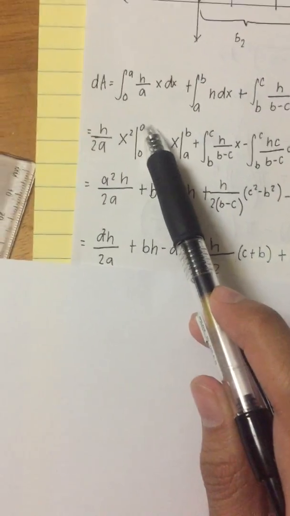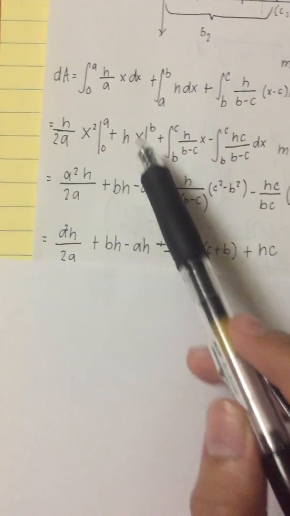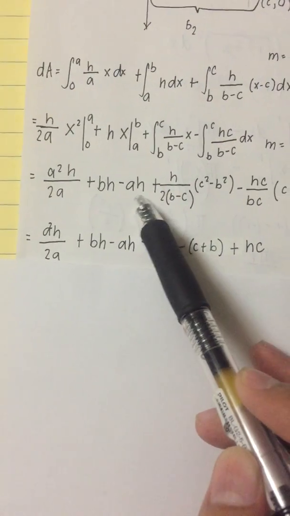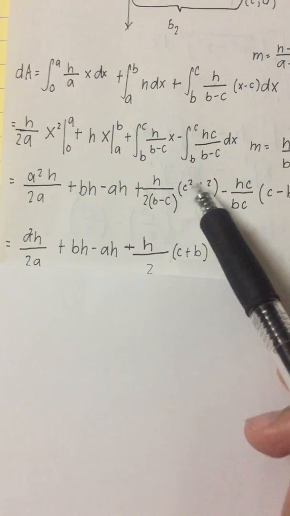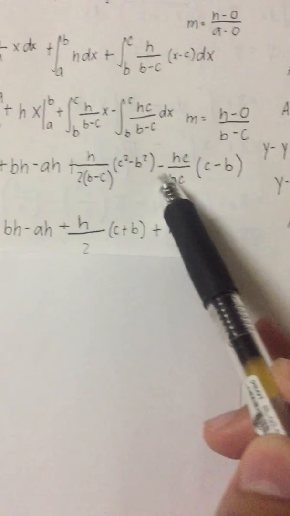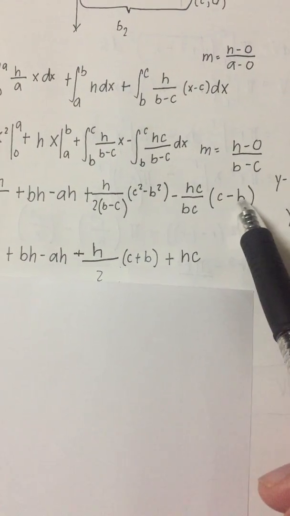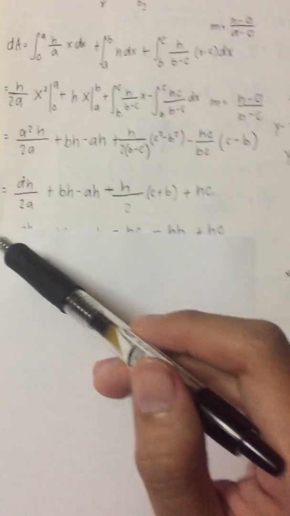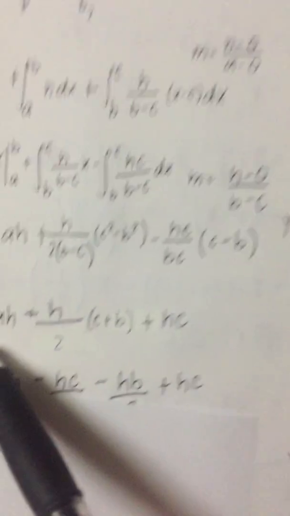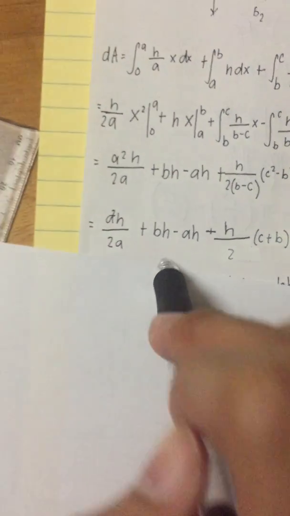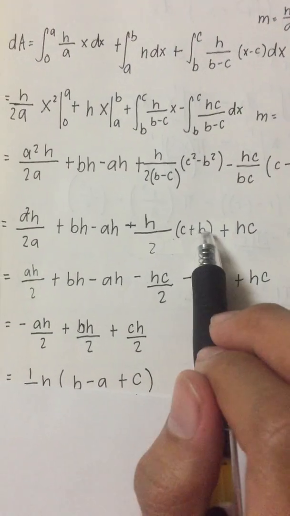So we get a squared minus 0 is equal to a squared h over 2a, plus bh minus ah, plus the integral of h over 2 b minus c, times c squared minus b squared, minus hc over b minus c, then x, which is c minus b. Then we get a squared h over 2a plus bh minus ah minus h over 2 times c plus b.